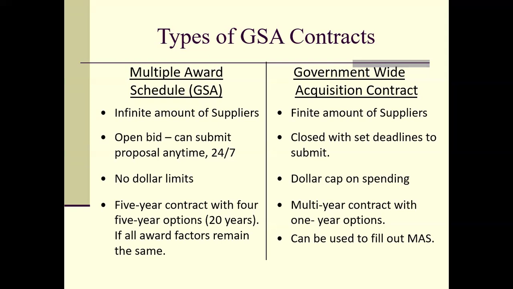There's also a dollar cap on the spending. Usually for the VETS contract, it's $100 million. For the 8A STARS contract, it is $500 million. So these are all opportunities, but once that cap is exceeded, then it's over.